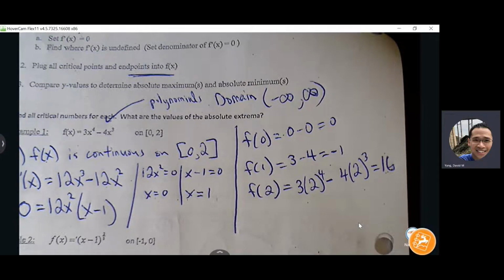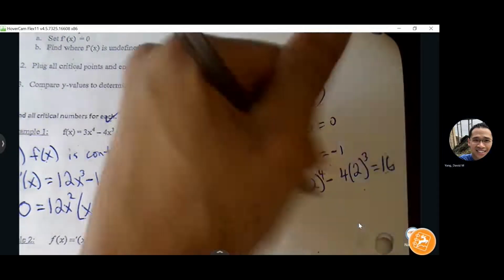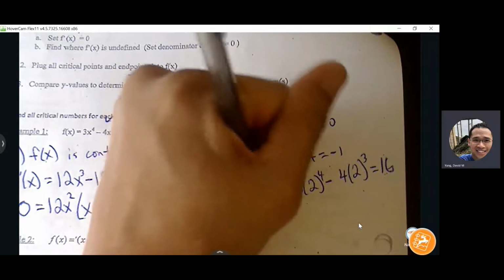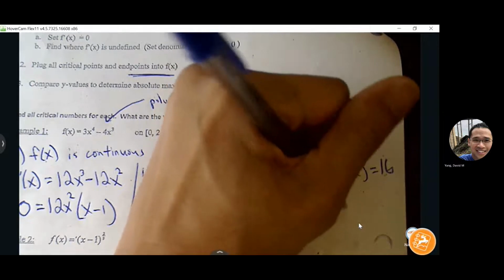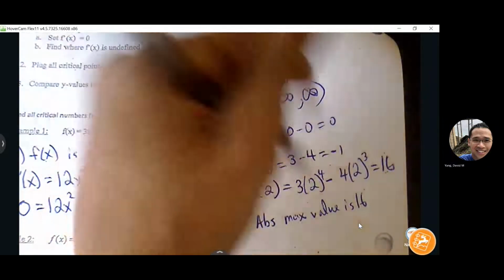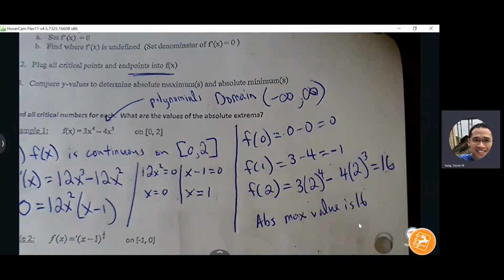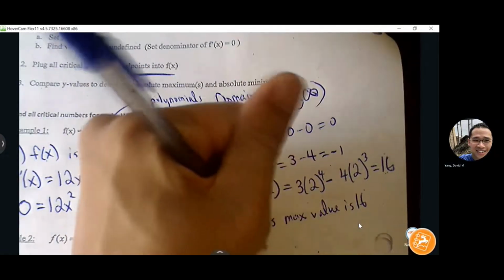Okay, what's the absolute max? 16, okay. We don't care about where the x value location is. So we'll say absolute max value is 16. And what's the absolute minimum value? -1, yeah.